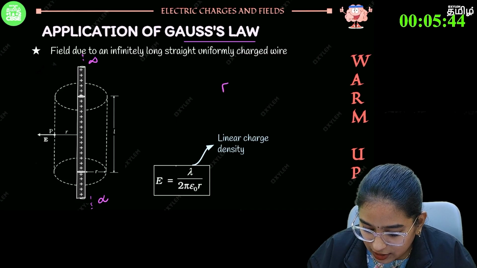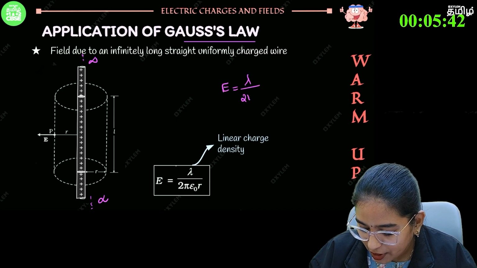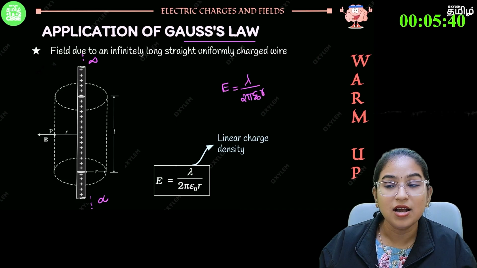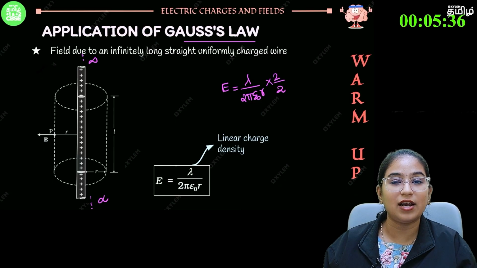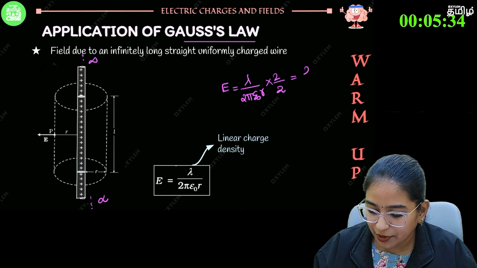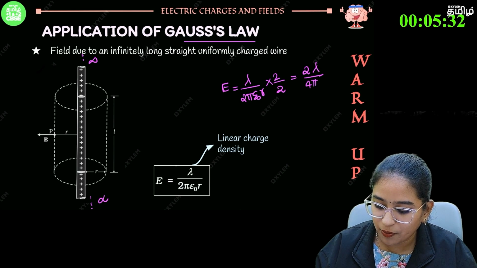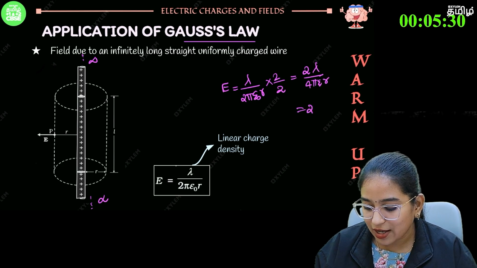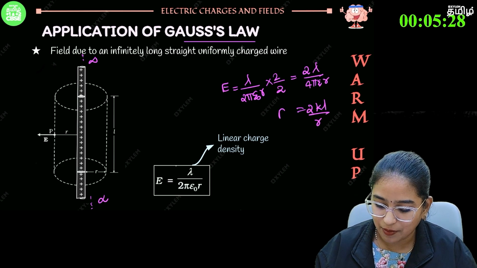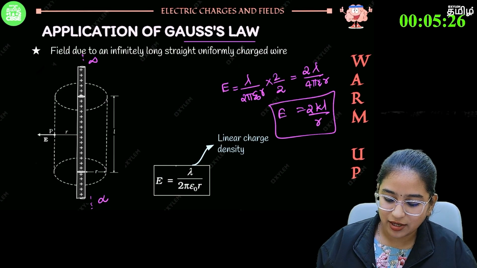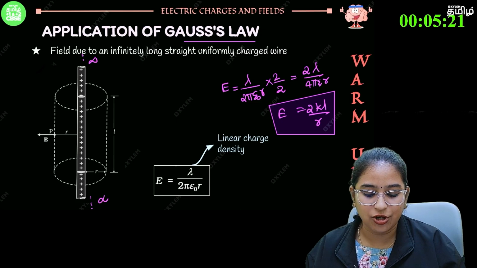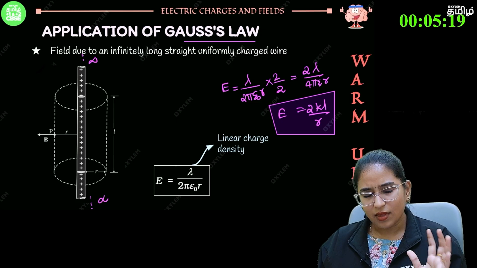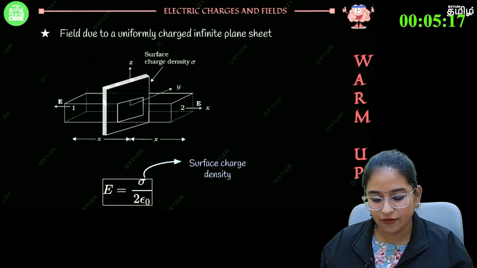The simple thing is lambda divided by 2 pi epsilon naught r, but I'm multiplying and dividing the entire equation by 2. So 2 lambda divided by 4 pi epsilon naught r. So I can write 2k lambda divided by r. Lambda is nothing but your linear charge density. This is for your uniform long straight line, or infinite straight line.